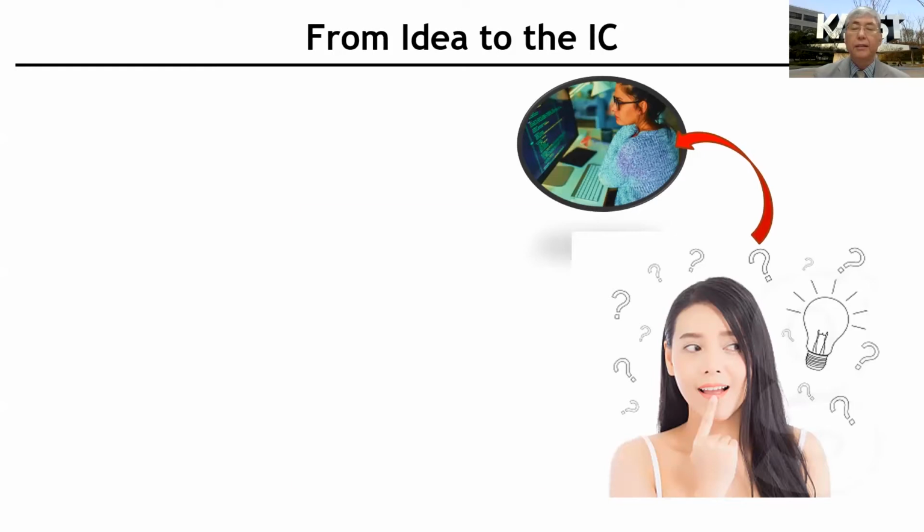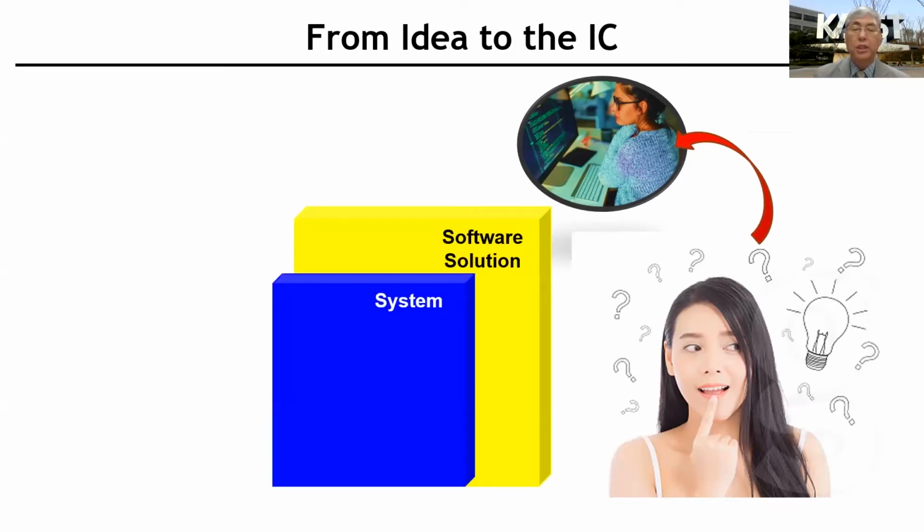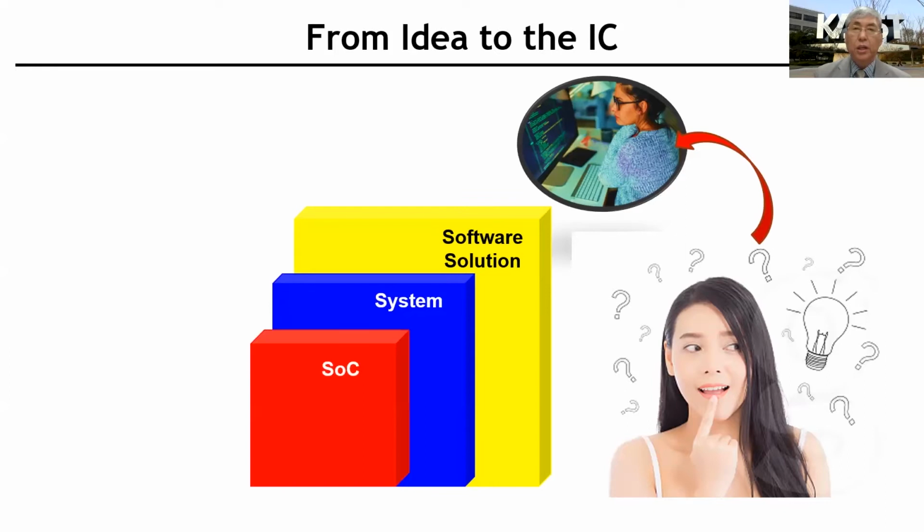And then, based on your own software solution, you can develop the system using the PC. And then your software is converted into the SoC design. And then if you complete your conversion or your design, then send it to a semiconductor manufacturing company, like SMIC or Samsung.